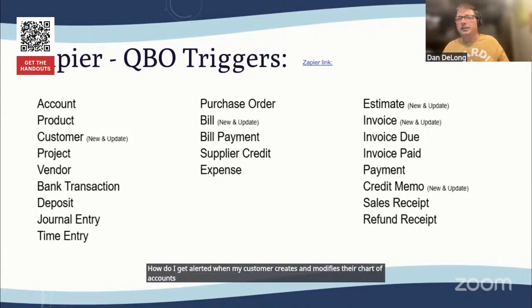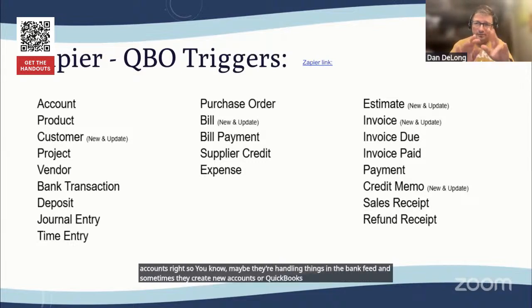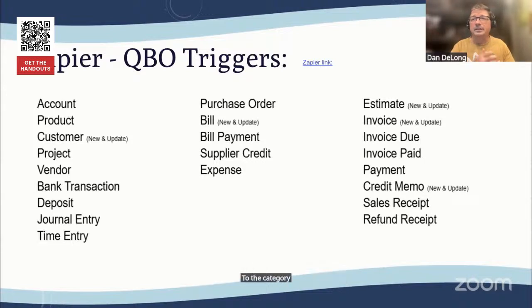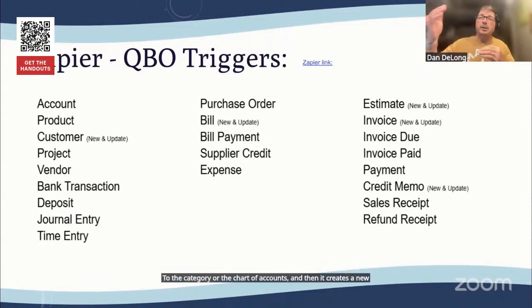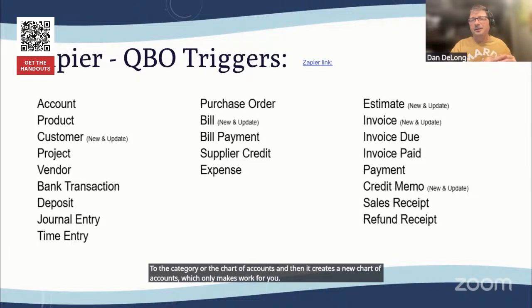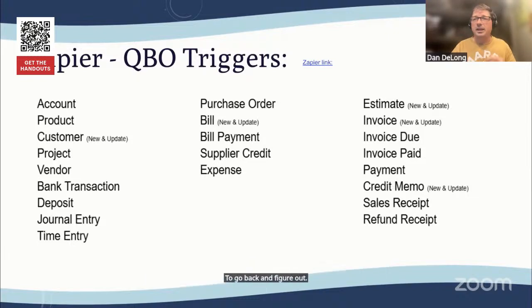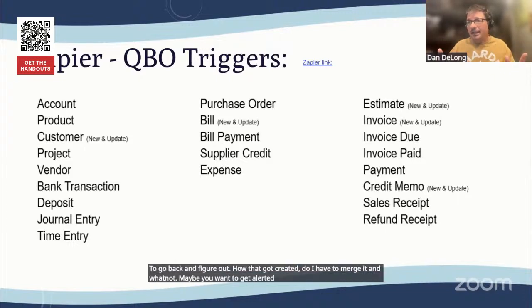Maybe they're handling things in the bank feed, and sometimes they create new accounts, or QuickBooks creates the new account because they're trying to type in or find it, and then they add an S or something like that to the category, and it creates a new chart of accounts, which only makes work for you to go back and figure out how that got created, whether you have to merge it, and whatnot. Maybe you want to get alerted when an account is made or when a customer is made. You can trigger that from QBO.